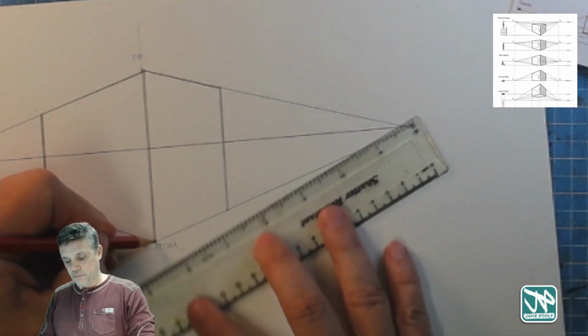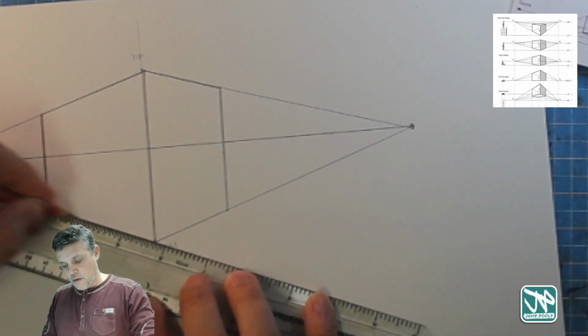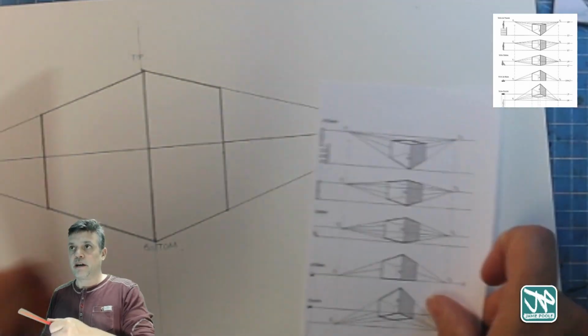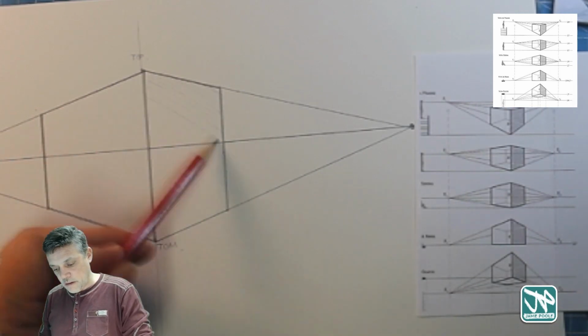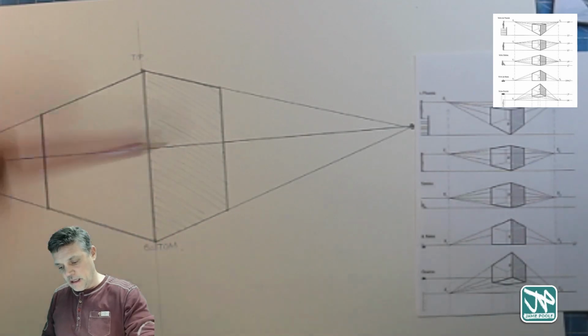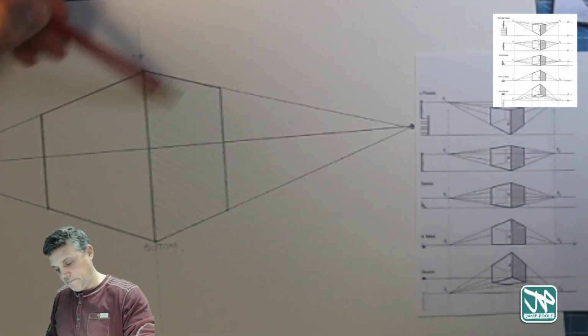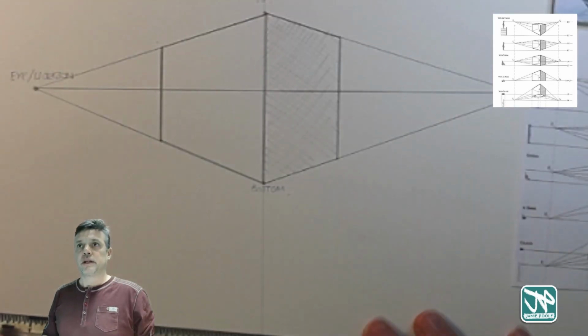And as you see on the diagram up there, you can shade one side to give it a 3D quality. So it now looks a little bit more 3D.